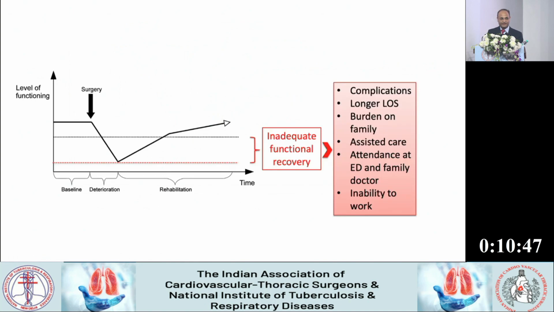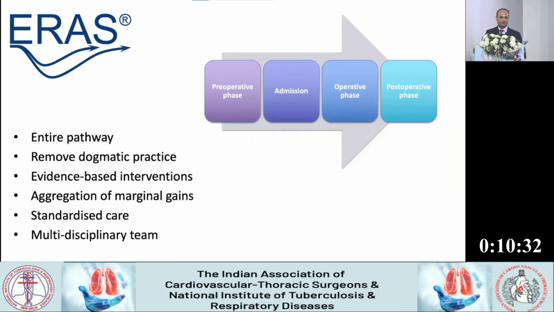If the minimal level of recovery is not obtained, this is called inadequate functional recovery, which will lead to complications, longer hospital stay, and subsequently increased cost to the patient. And this is the place where ERAS comes in.